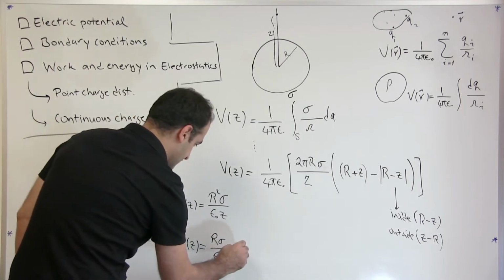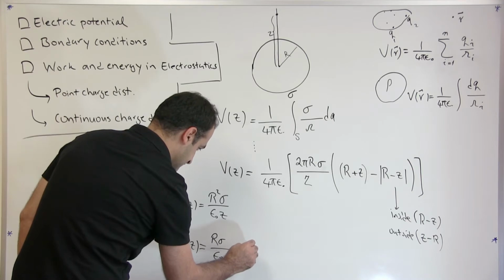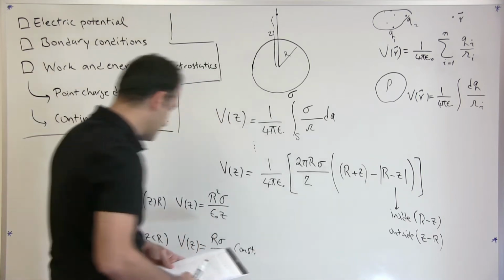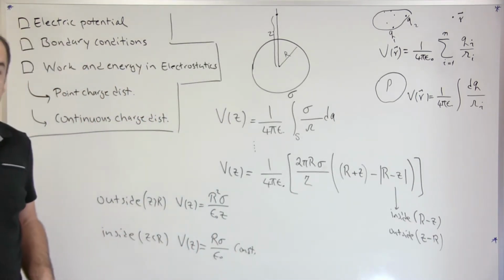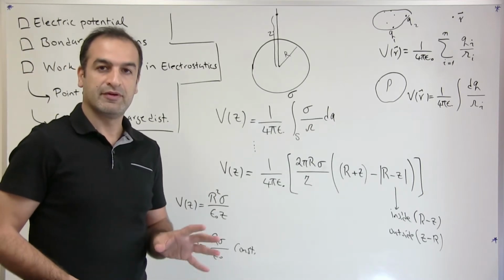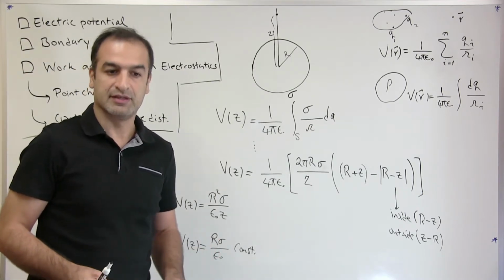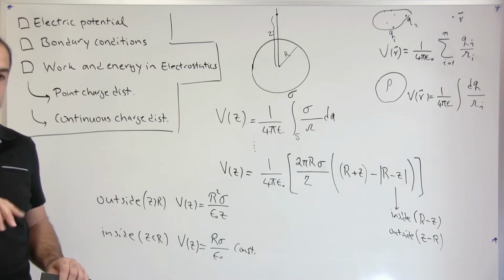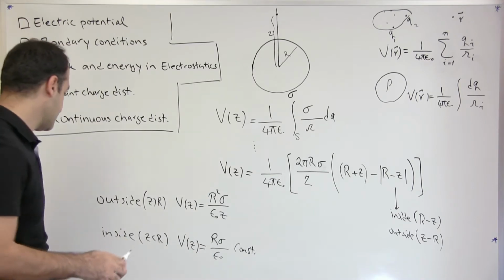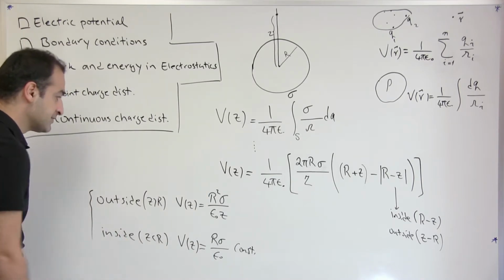This is technically a constant. So inside the sphere, as we expected, as we did before, the electric potential is a constant. Electric field is 0, electric potential is constant.